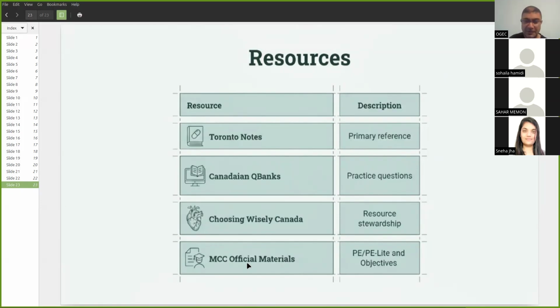So I recommend that you, from time to time, check the Canadian Medical Council site to see if there is any update or any change in any regulation or any policies in exams or any other requirements for the IMGs.